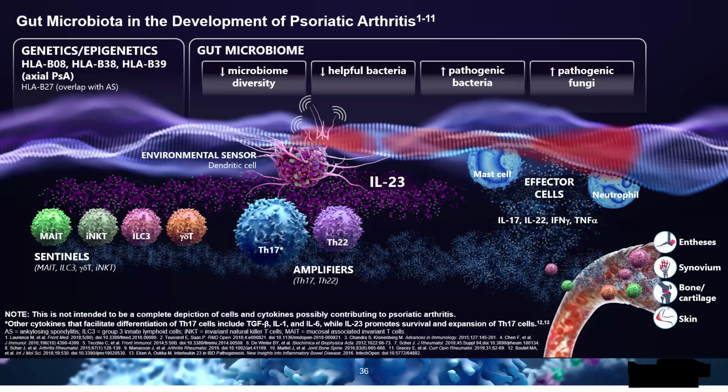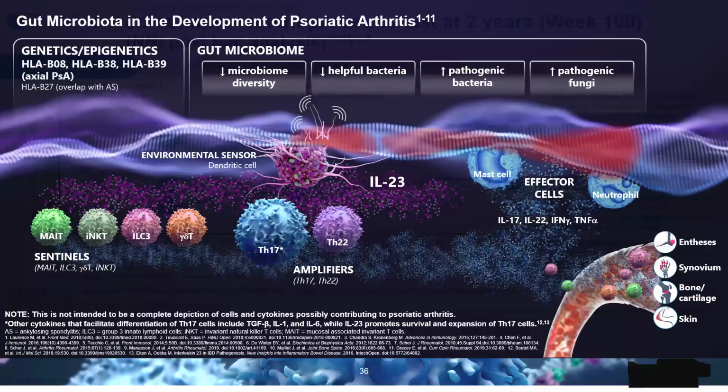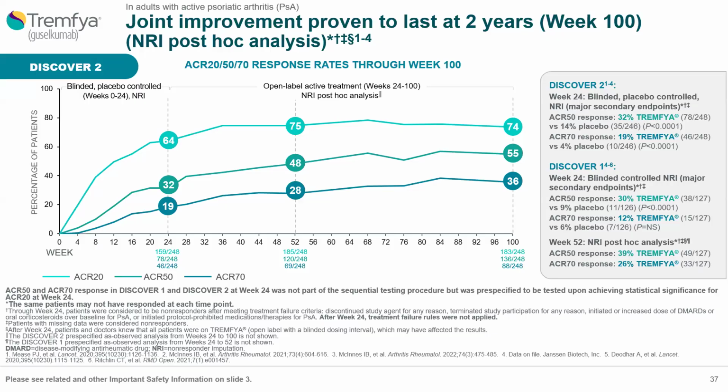And then it's spewing out interleukin-23, which travels to different places in the body, including the joints and the skin and the gut and so on, causing inflammation. And this is what is inhibited when we give a patient an interleukin-23 inhibitor. And here's some evidence of really long-term 100-week data with the drug Tremfya.